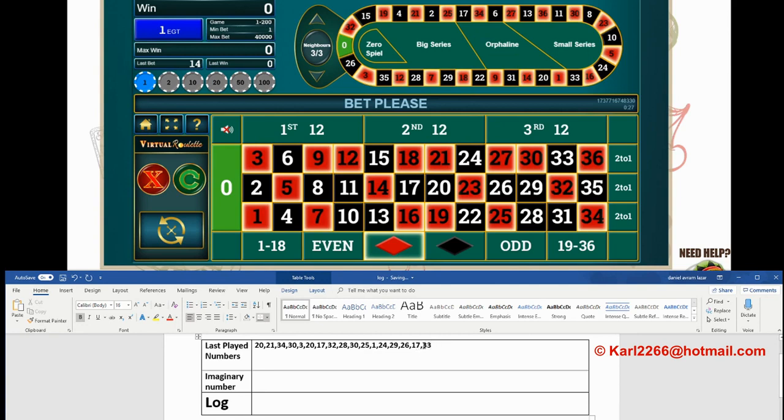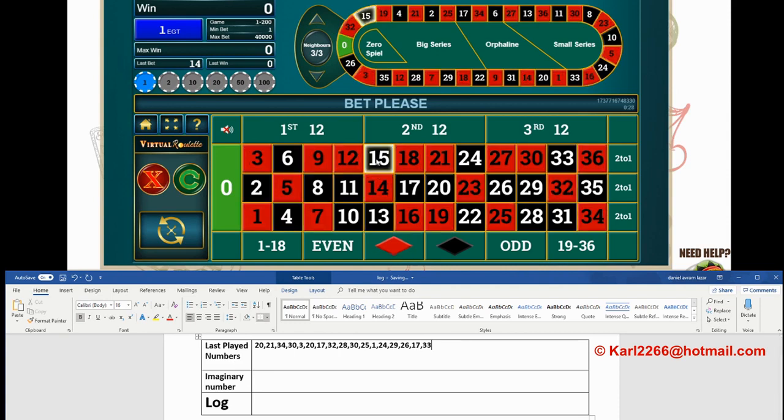Between 17 and 33 fits minus 2, because 17 minus 2 is 15, terminals from 15 are 8 and 20, so we got 33 near 20. So with 33 we know what we have to do. And we have also a new logarithm, which is minus 2, and a new imaginary number, which is 31.